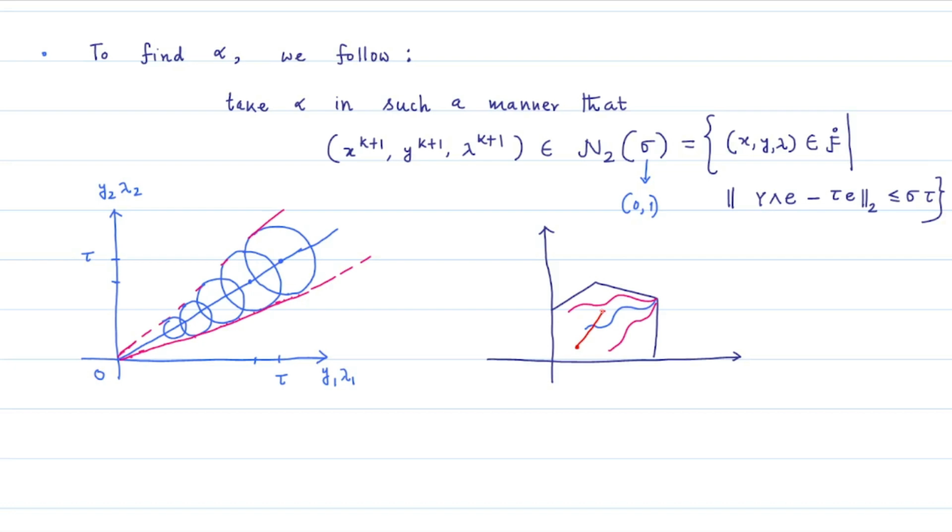Maybe the next iterative point is trying to move out of this two norm neighborhood, but you control the value of step length alpha k in such a manner that it is not exceeding this two norm neighborhood. So for this initial point, this much is your step length alpha naught, then this length is your next step length alpha 1, and so on. Fine.